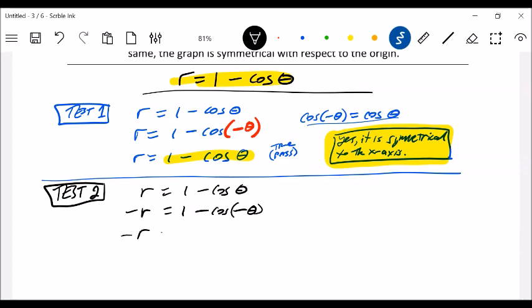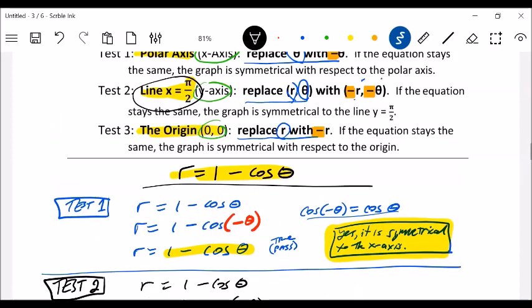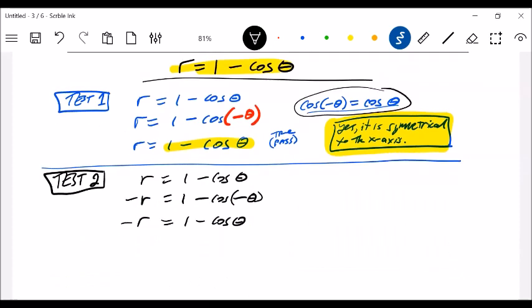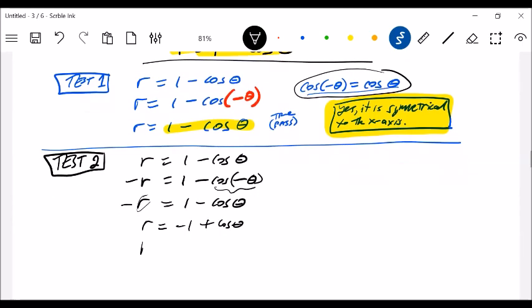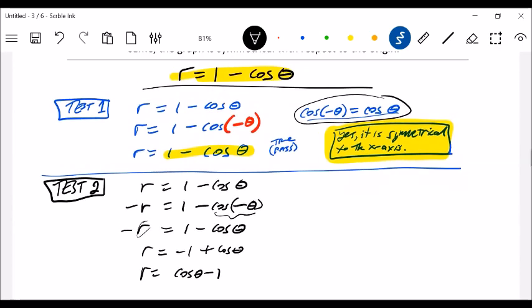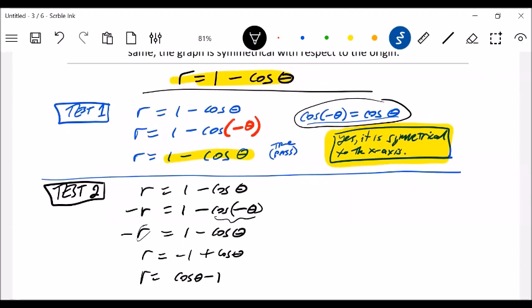So that means negative r equals 1 minus cosine theta, because cosine of a negative angle is the cosine of the non-negative angle. So we're right back down here to cosine theta, but we have this being negative. So we have to multiply both sides by -1. And I could write that as r equals cosine theta minus 1.